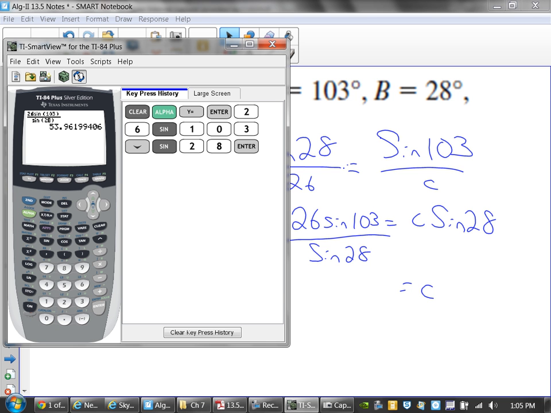Notice in your calculator it doesn't have a slashy fraction bar. It has a normal fraction bar. I'm getting, in this case here, it's telling me my side length is 53.96.